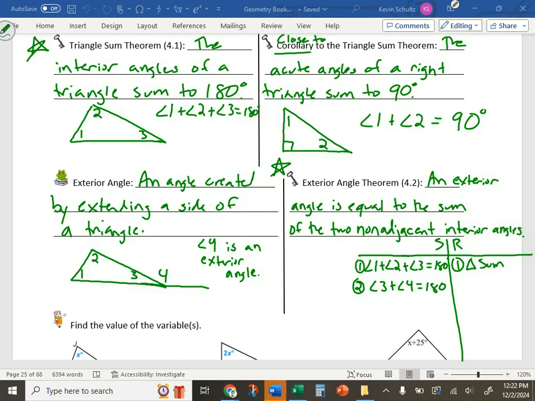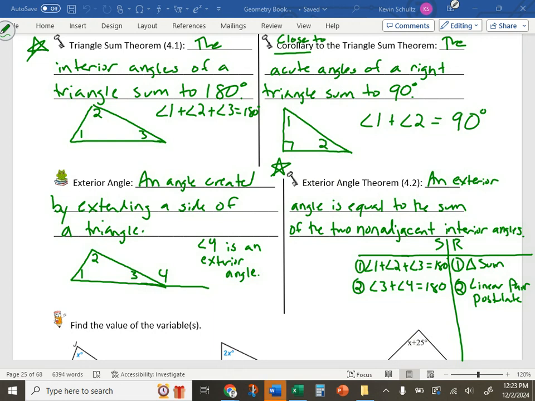The linear pair theorem, postulate. Linear pair postulate.